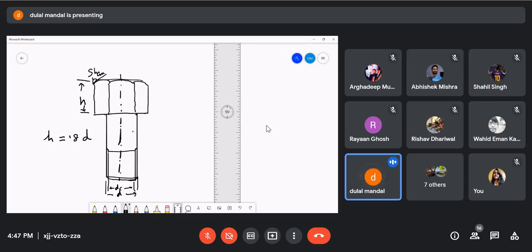Clear? The more contact surface, the more friction, so it will not slip off. Now if you increase the number of sides, what will happen?